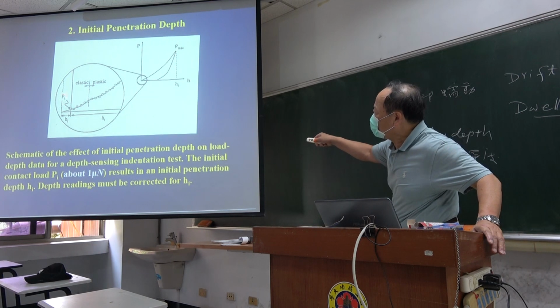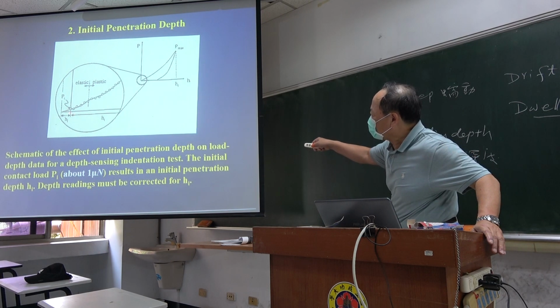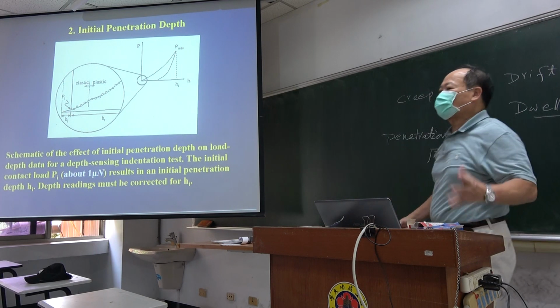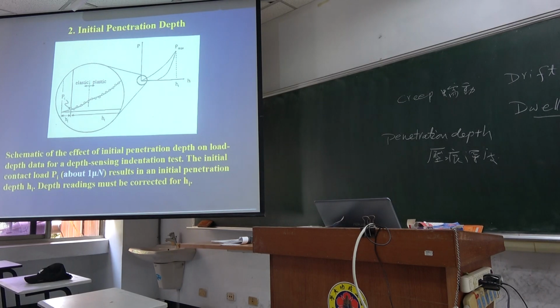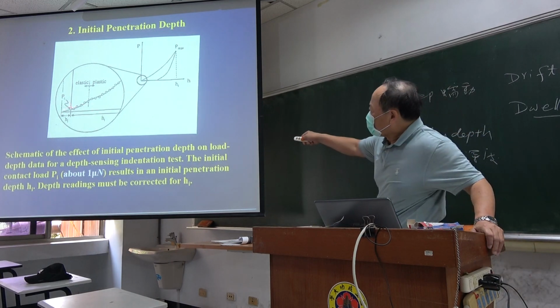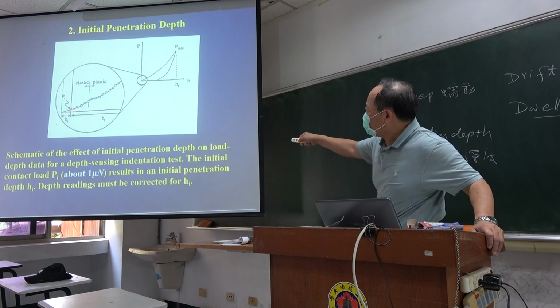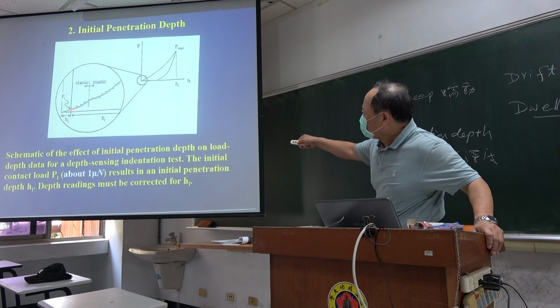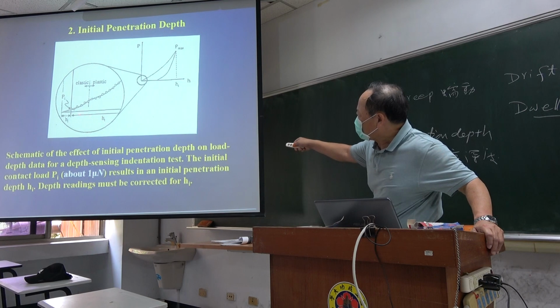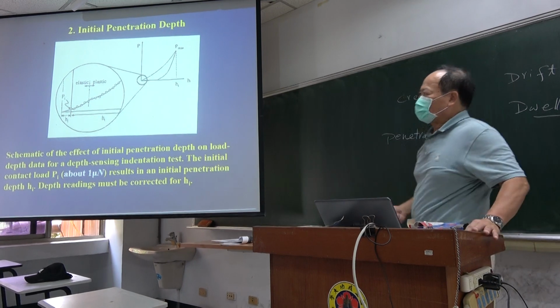We have applied this load, but at this point the indentation depth is still 0. 就是说我已经施了力量，但是我的这个深度仍然是0。This is just a regression of your experimental data, but your PI, the load you apply, is non-zero while your indentation depth at this point is still 0.